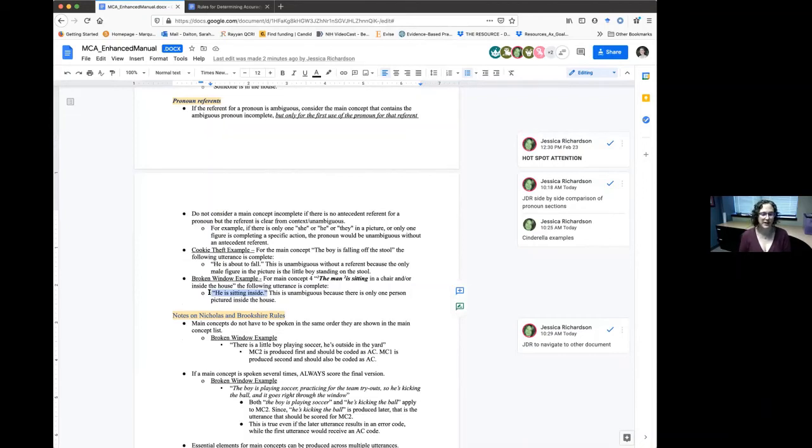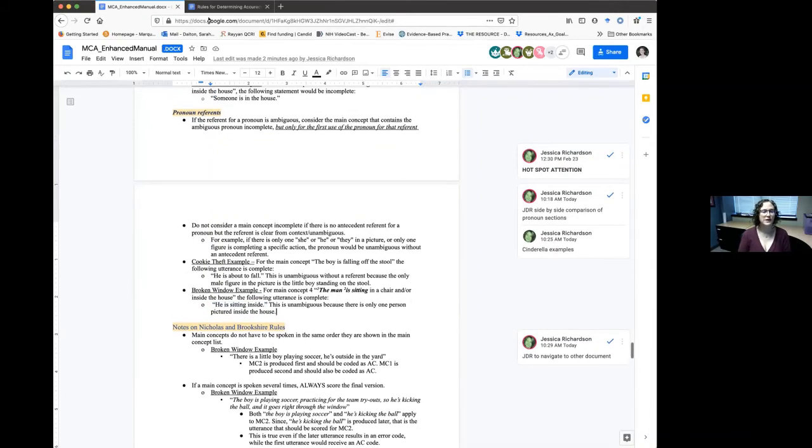And so this is a pretty unambiguous and contextually clear statement, just given that picture stimulus. But now I think we're going to pull up the incorrect pronoun reference and compare them side by side.